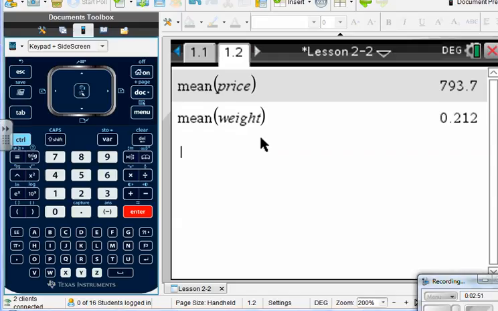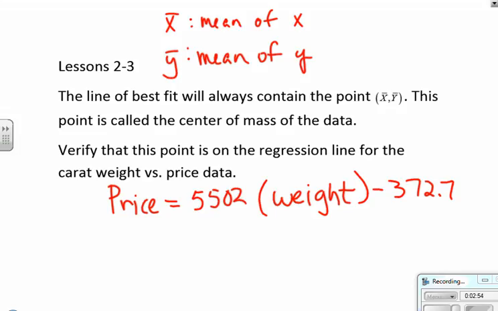Using those two numbers, we now know that the point x bar, y bar, has x bar of 0.212 and y bar of 793.7. We want to verify that that point is actually on the line. If it is on the line, then 5,502 times 0.212 minus 372.7 would equal this 793.7 number.